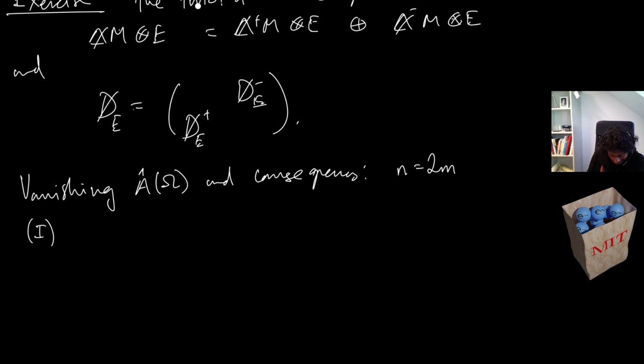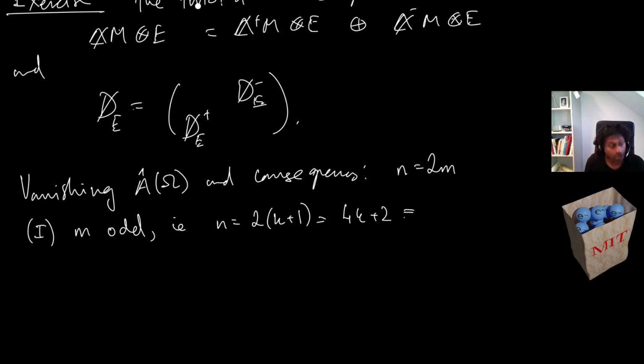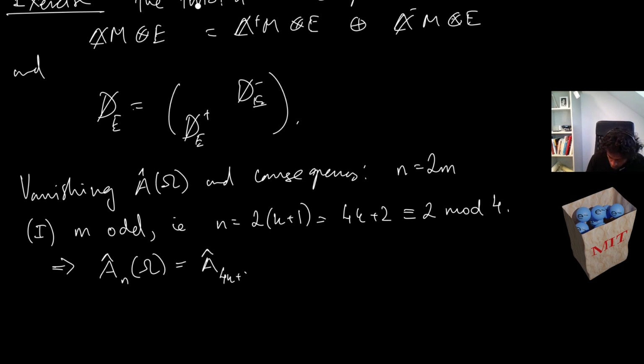So let's think about the case that m is odd, i.e. n is equal to 2(2k+1), which is equal to 4k plus 2, and that's going to be congruent to 2 mod 4. So what happens then? We pick out now the top dimensional form, and that top dimensional form is going to be of degree 4k plus 2.